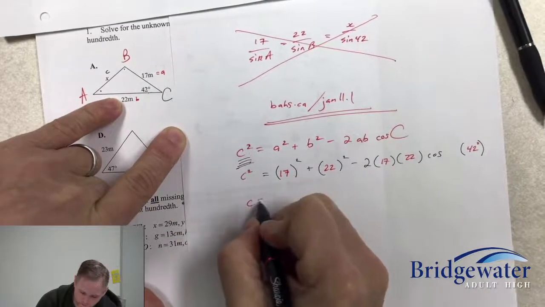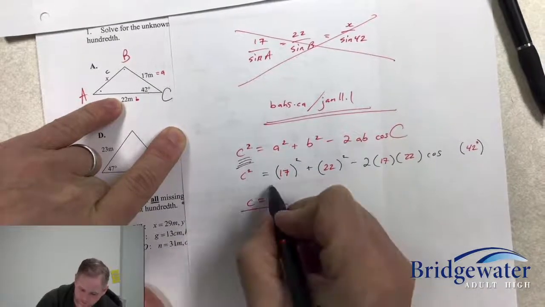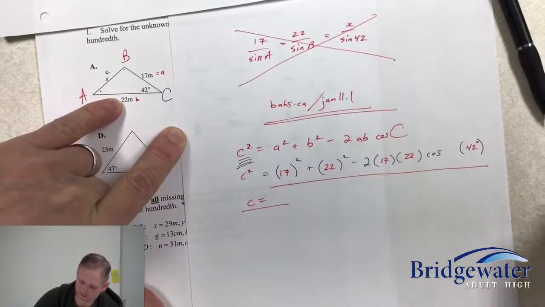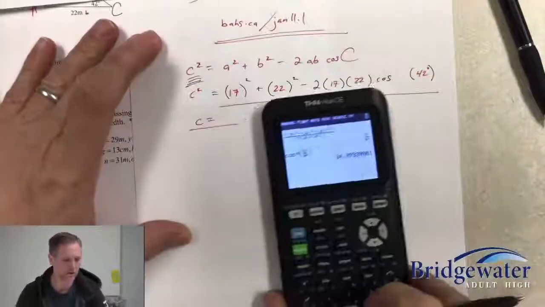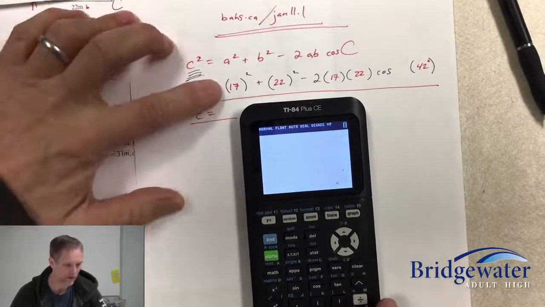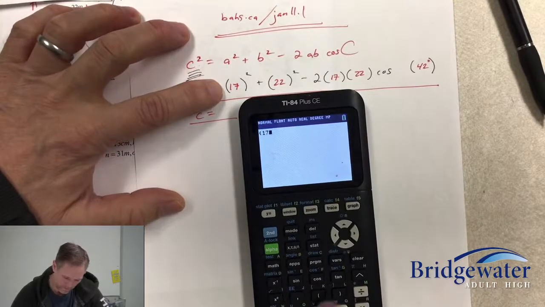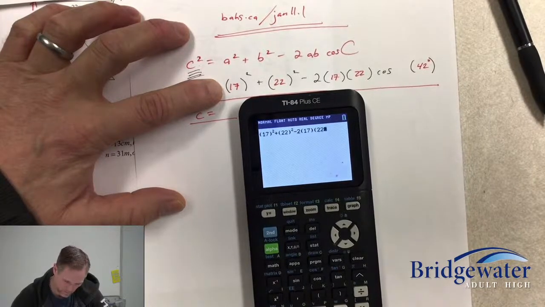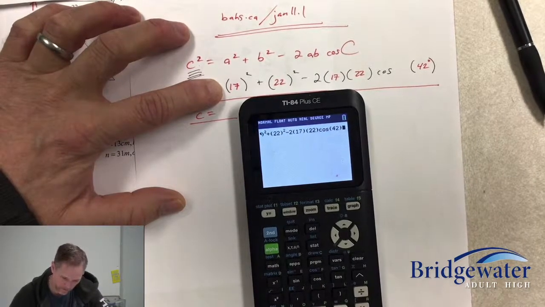We don't want c squared, we just want c, so we're going to have to unsquare that. But before we do that, we're going to type that into the calculator. Let the calculator do all the hard stuff. So here's how I'm going to type it in, exactly as written, brackets included: 17 squared plus bracket 22 squared minus 2 bracket 17 bracket 22 bracket cosine 42 degrees, close that.